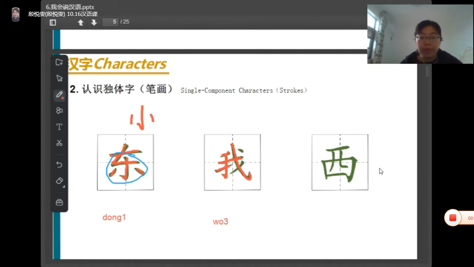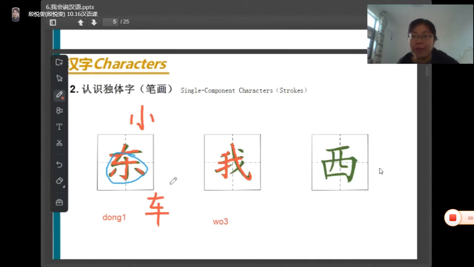What's the difference between 东 and 车? Not the same. 沙海德, please pay attention to 车. This one is 车 and this one is 东.